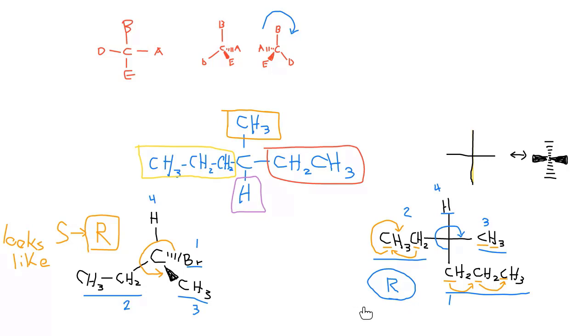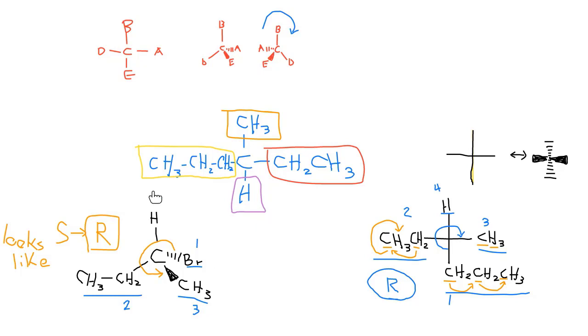Well, when I first looked at it, I saw the bromine, which is 1, and then I went directly to the ethyl, which was 2. So I thought it was R already. We have to go around in a circle. You can't go from bromine down this way because you'd pass through this one.